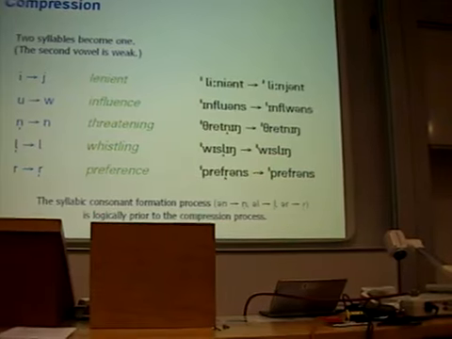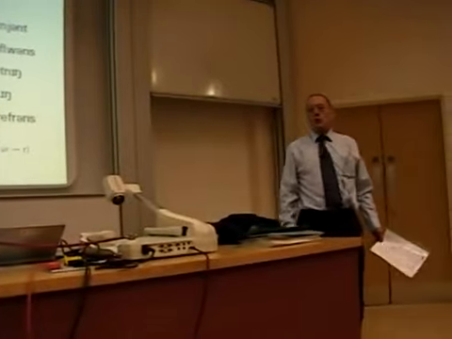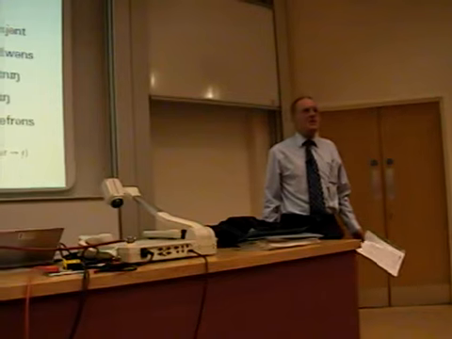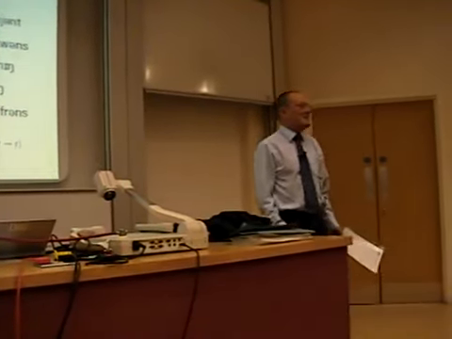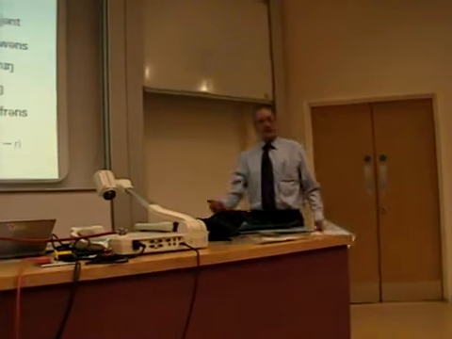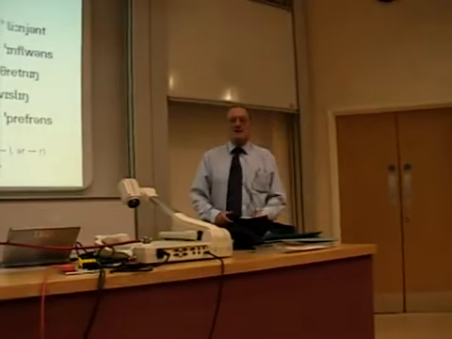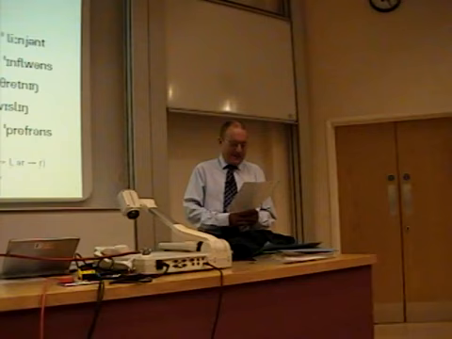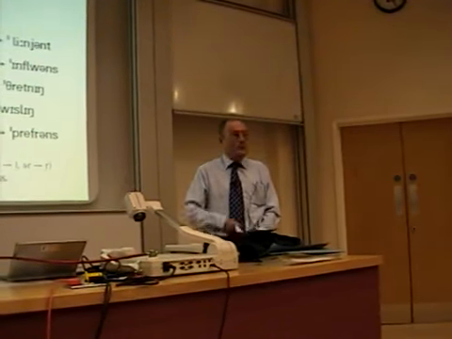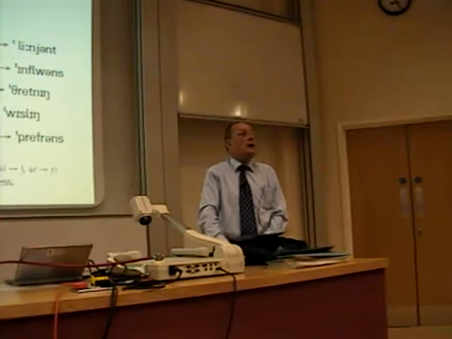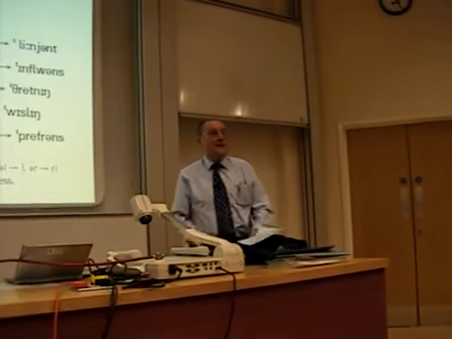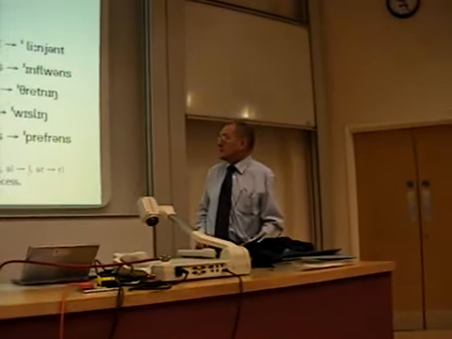We tend not to compress in slow or deliberate speech, but once it becomes less deliberate, then we're more likely to compress. So we compress more in fast speech, in casual speech, with words we've used before, in very familiar words.